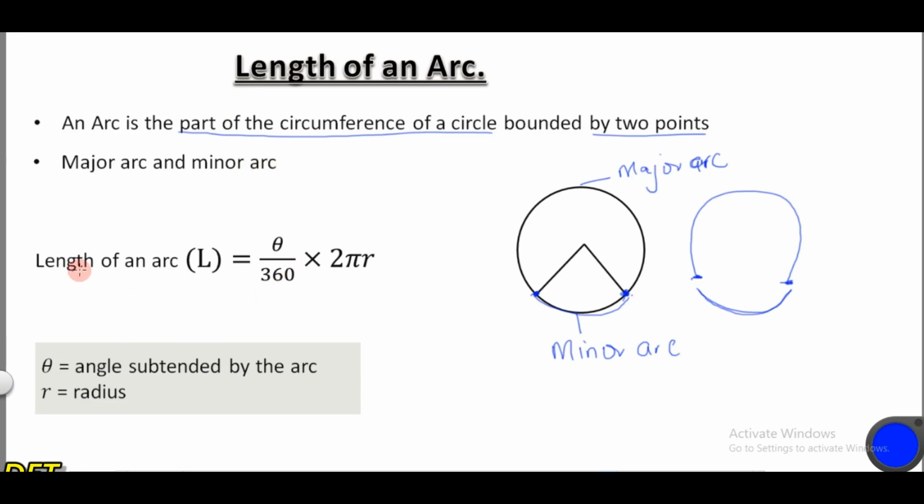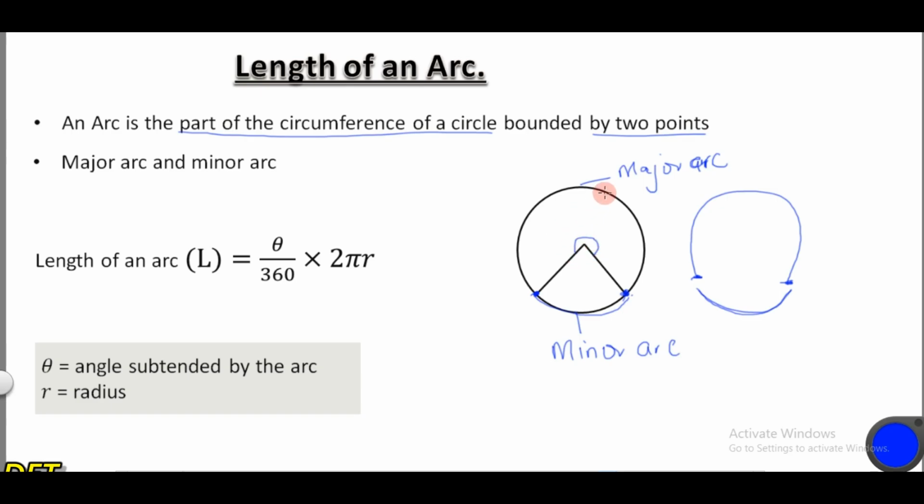So the formula for the length of an arc is equal to theta over 360 times 2 pi r, where theta is the angle subtended by the arc and r is the radius of the circle, right? So if we're looking for the length of the major arc, we would have to consider this angle, the bigger angle.